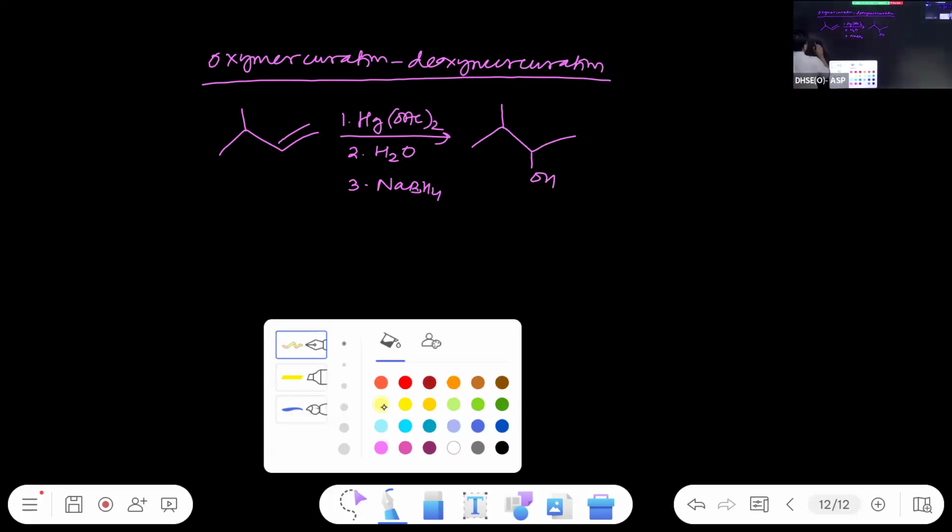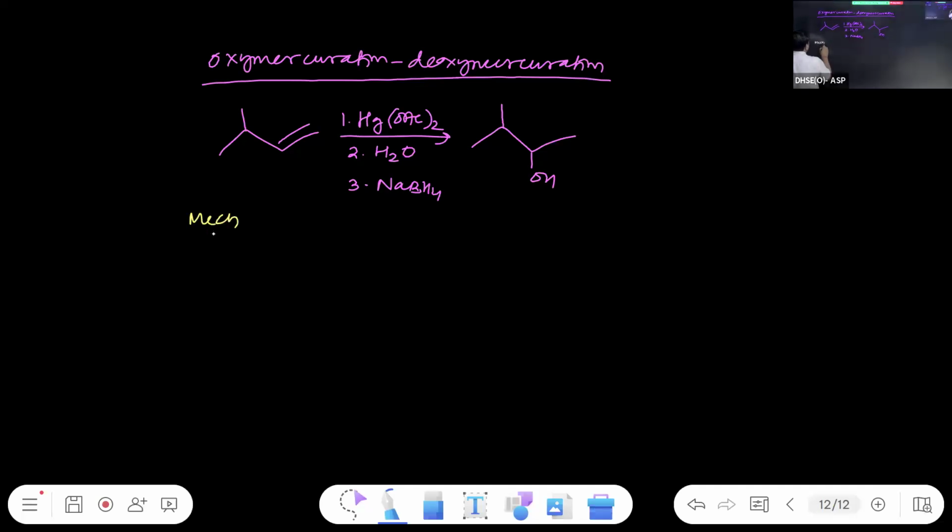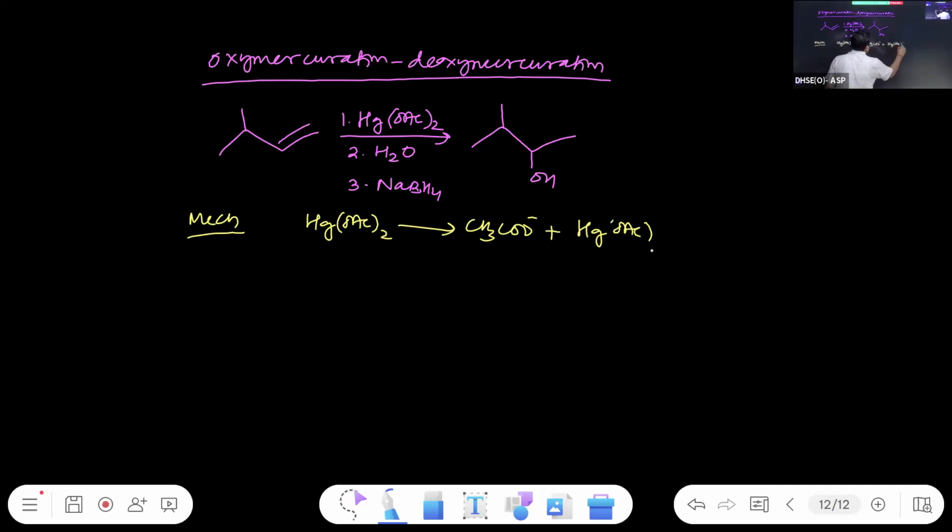Now let us see the mechanism. Mercuric acetate gives the acetate ion and this cation.